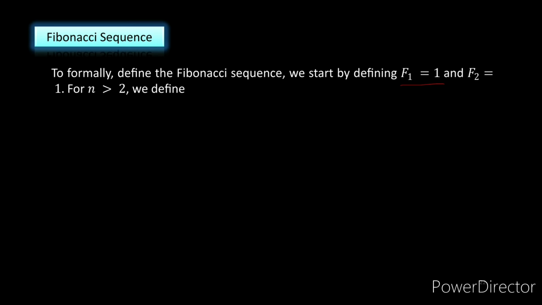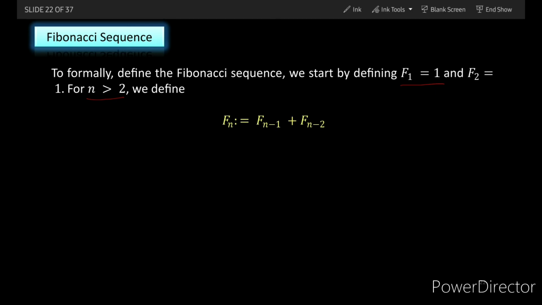That is the minimum: 1, 2, 3, and so on. That is the value of n we can insert. Since we already used 1 and 2, the minimum value of n is greater than 2, which is 3. And we will define this sequence as f sub n equals f sub n minus 1 plus f sub n minus 2.